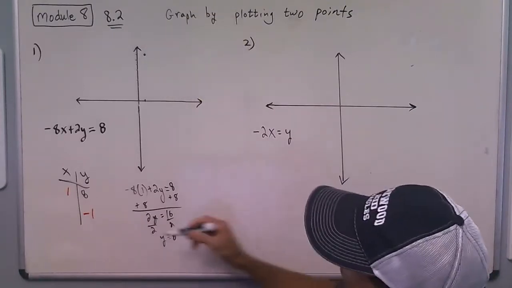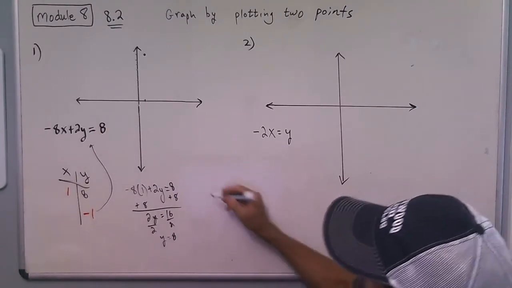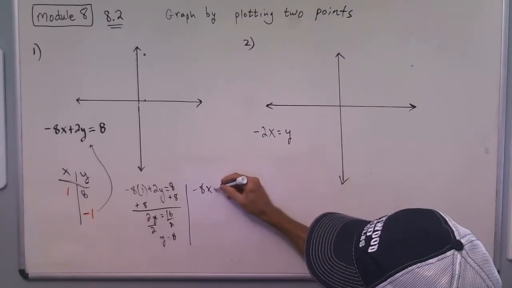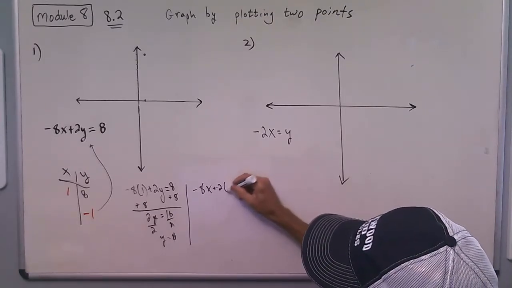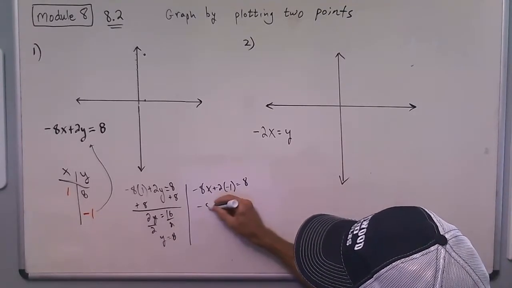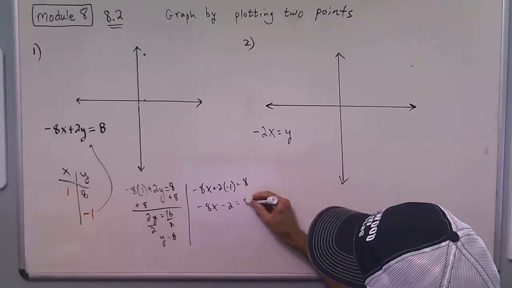All right. Then what I could do is put negative 1 in here for y, and I get negative 8x plus 2 times negative 1 equals 8. Negative 8x minus 2 equals 8.